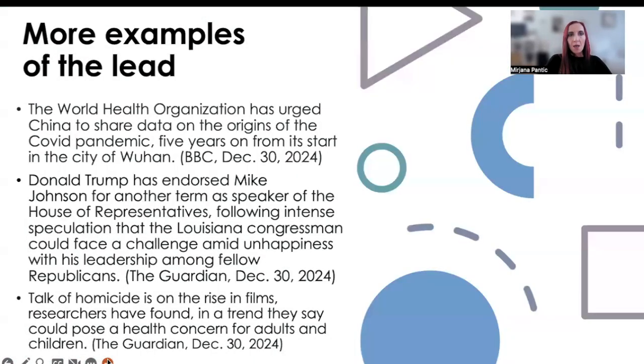So let's take a look at a few other examples of the summary lead. Basically, with summary leads, you just go straight to the point. You explain right away what happened without delaying it. So in this example, the World Health Organization has urged China to share data on the origins of the COVID pandemic 5 years on from its start in the city of Wuhan.